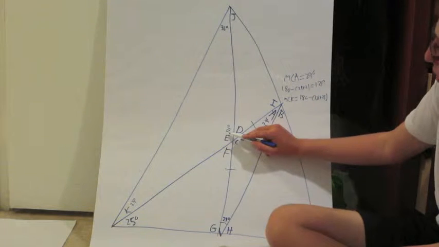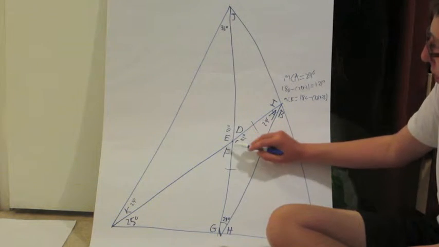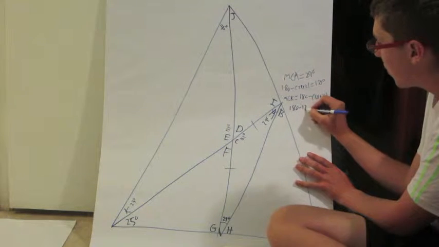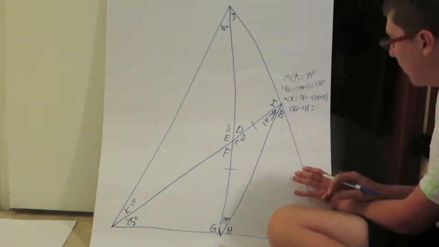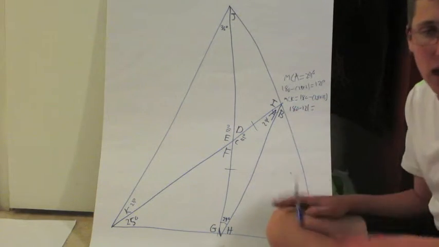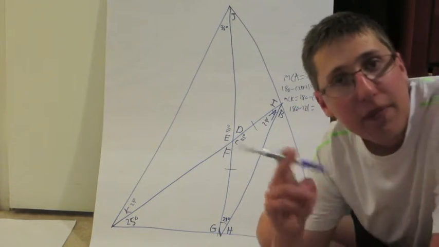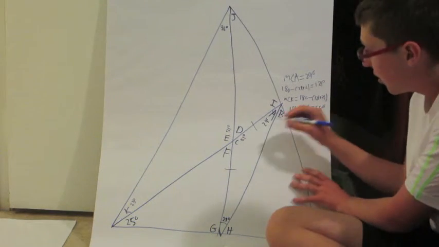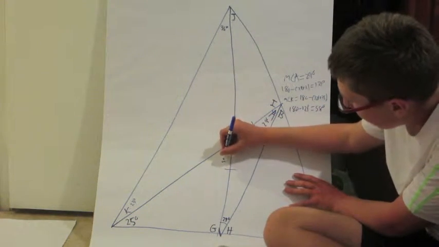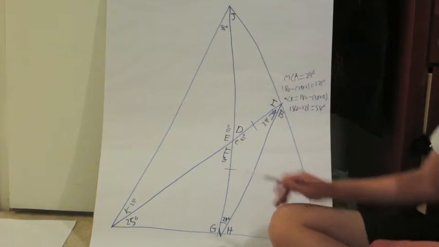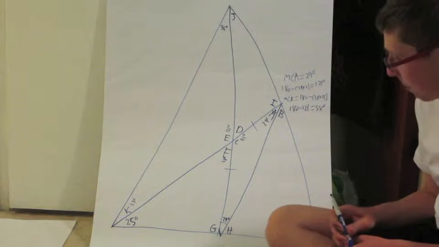So if this part of the straight line is 121, then we subtract 121 from 180 to solve F. And that would be 58 degrees for that angle measure, because of the straight line property.